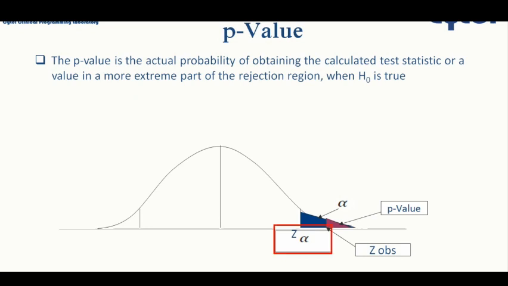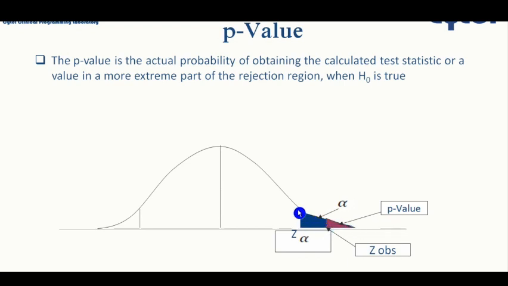See, Z alpha, this is the critical value given by the normal distribution. And what does it mean? Why are we calling it a critical value of the normal distribution? Because beyond this, this much area, we call it right tailed.